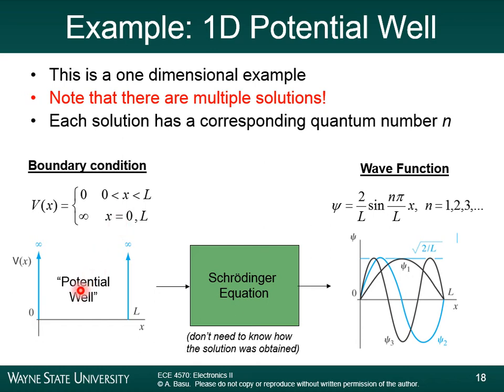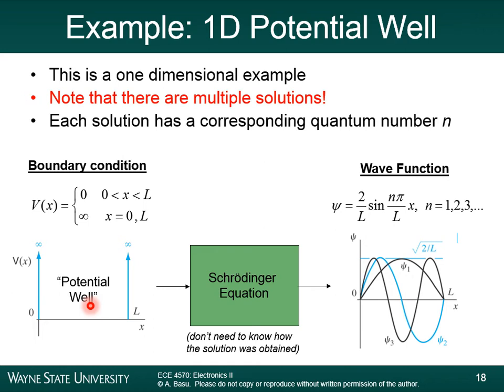This is where there's a very high potential at x equals 0, a very high potential at x equals L, and then zero potential in the middle. Imagine that wherever there's potential, there are a lot of positive charges at that point. That's one way to create high potential, a lot of positive charges.